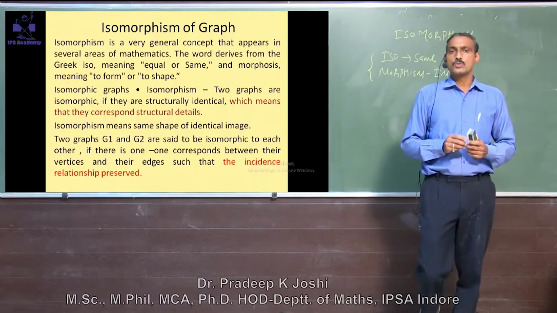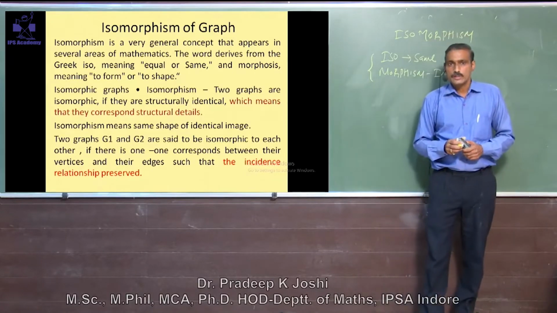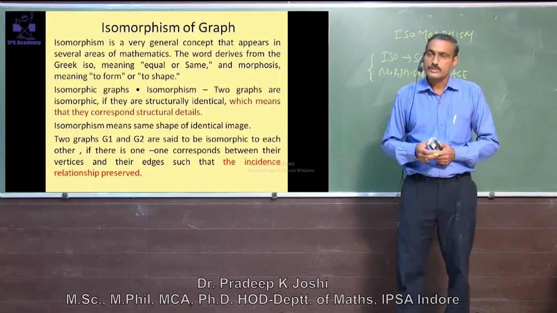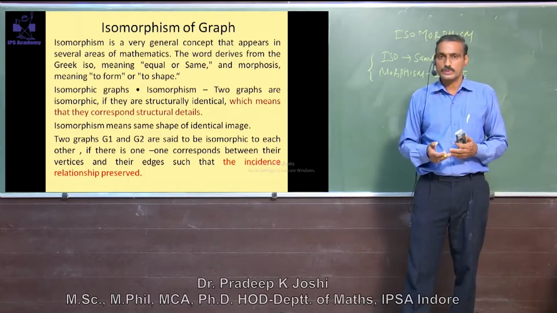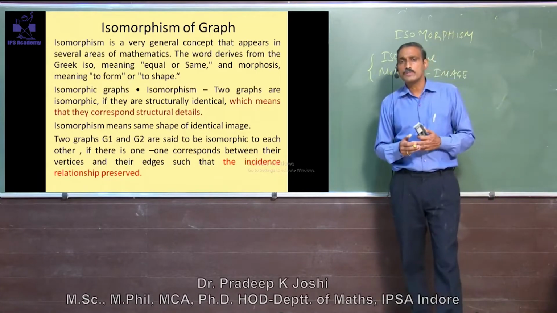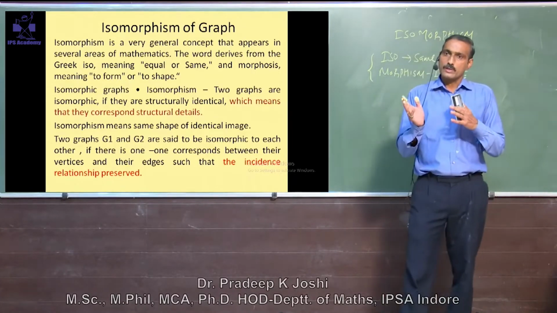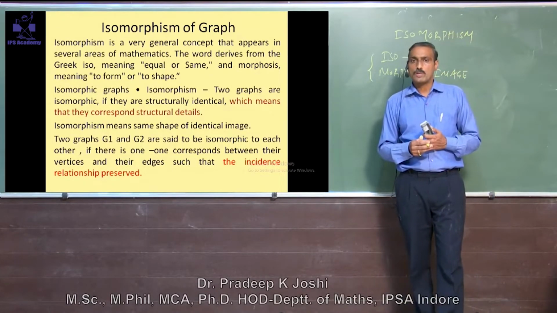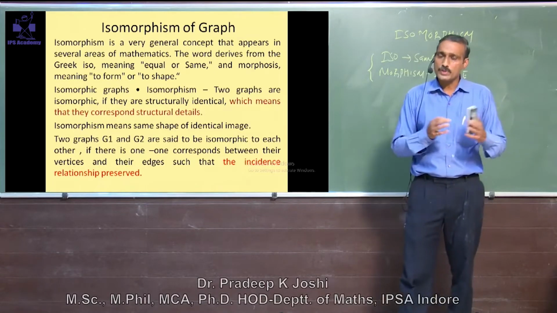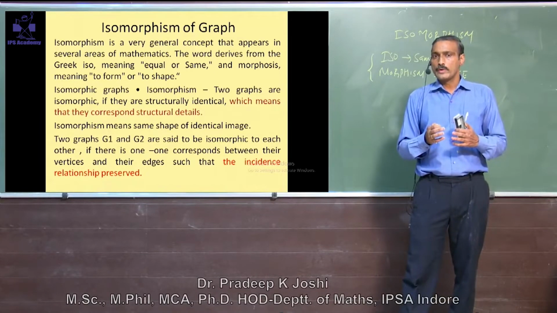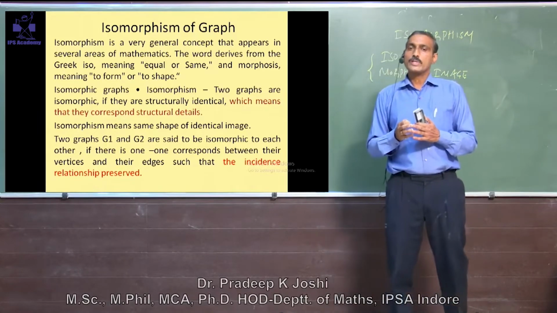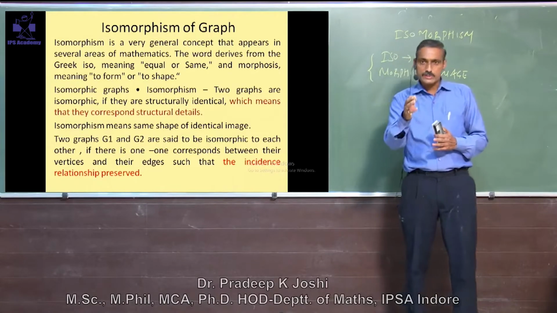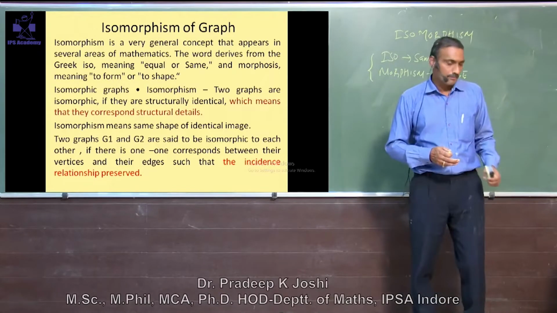Two graphs G1 and G2 are said to be isomorphic to each other if there is a one-to-one correspondence between their vertices and their edges, such that the incidence relationship is preserved. To check whether G1 and G2 are isomorphic or not, we have to find the corresponding vertices of both, and their vertices and edges should follow the incidence and adjacency relationship. We discussed what incidence relation preserved means.